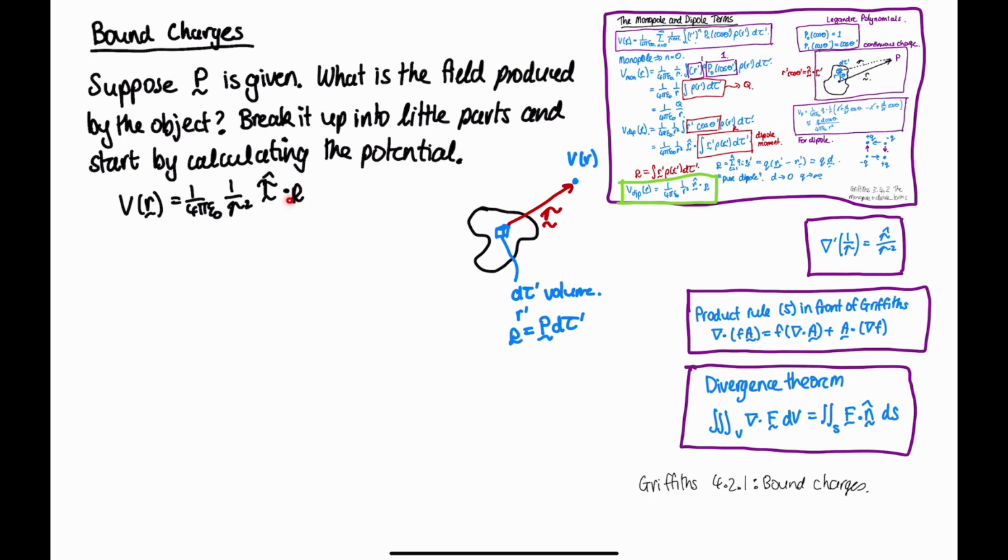We're going to replace this dipole moment with this, and to get the total voltage, we're going to have to integrate over this volume. So we can write this equation out as 1 over 4 pi epsilon naught, the integral over the volume of curly r hat dotted with p, which we're replacing with the polarization, d tau prime, divided by curly r squared.